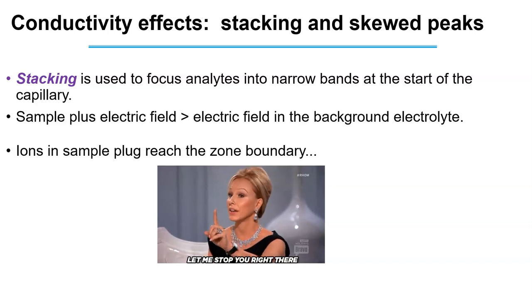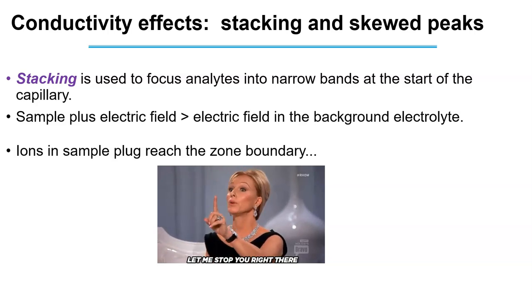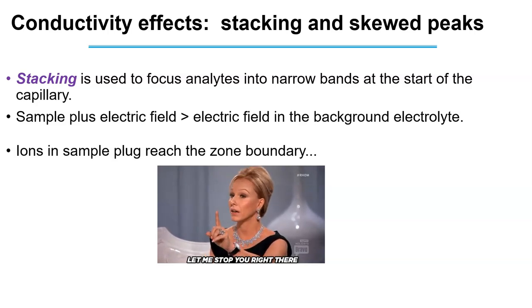They don't really stop. There aren't little brakes on ions, but they slow way down because there's such a difference in conductivity between the two solutions. That means that they kind of stop at this liquid boundary or slow down, which stacks them all on top of each other and keeps them in a really tight band.